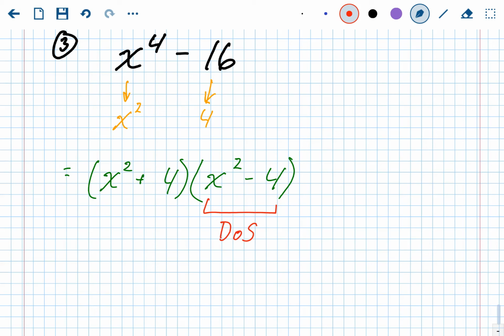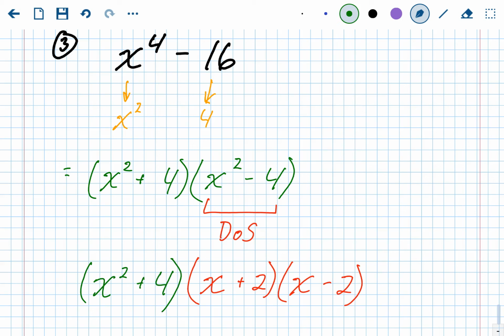X squared is a perfect square, 4 is a perfect square. So we could factor that one even more. It's going to be x plus 2 times x minus 2. And then the first one is going to just stay the same because x squared plus 4 is prime. So this one is our completely factored form.